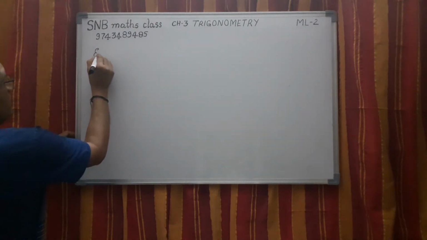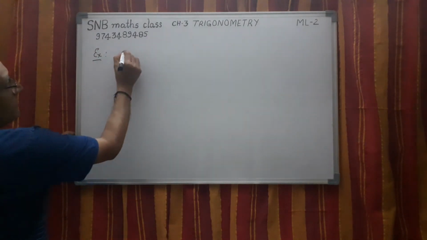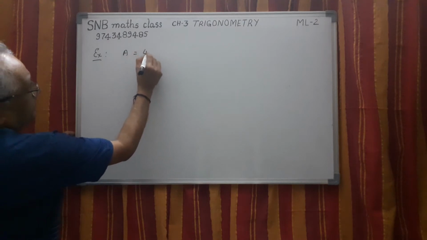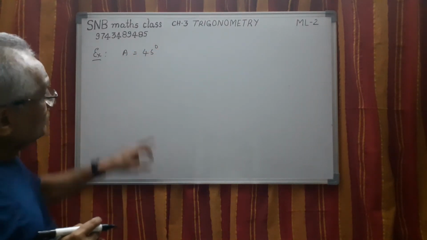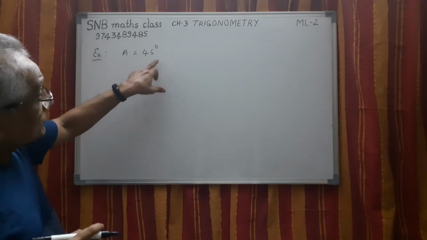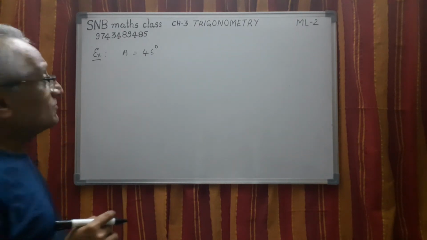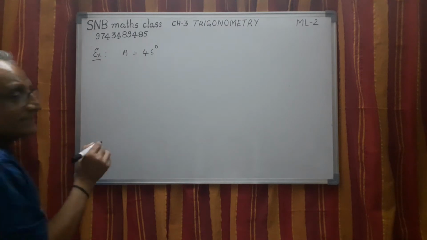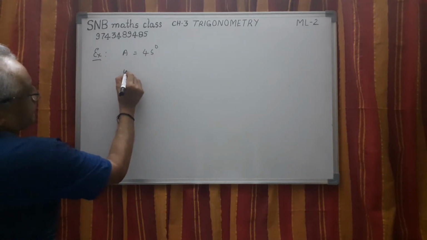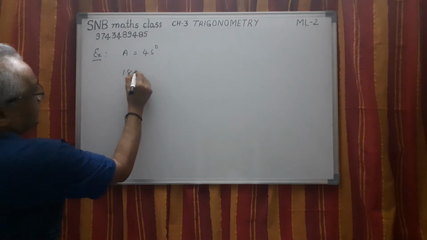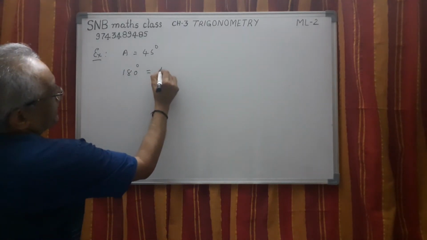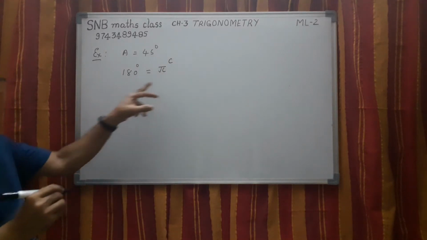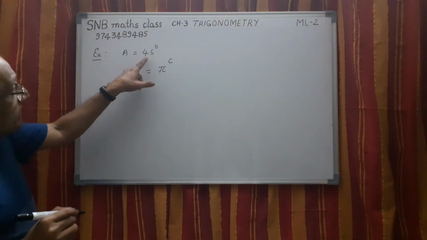See, first example, say A equal to 45 degree, this is given. I want to convert this into radian measure. So how to do it? Here the connection is this: 180 degree is equal to pi radian. So this is the connection. So 45 degree I want.